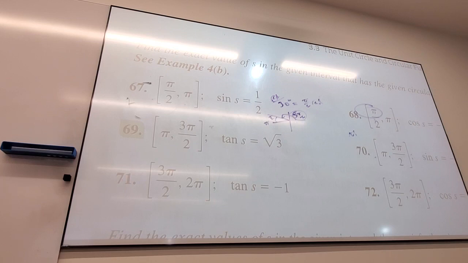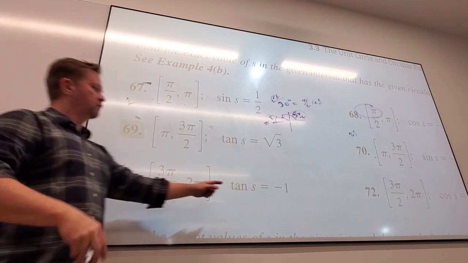So if I tell you the tangent is -1, the reference angle is going to be, which is also known as what degree? 45. How many radians? Pi over 4. So I know the reference angle is pi over 4. Look at number 71, that's the one I'm talking about now.